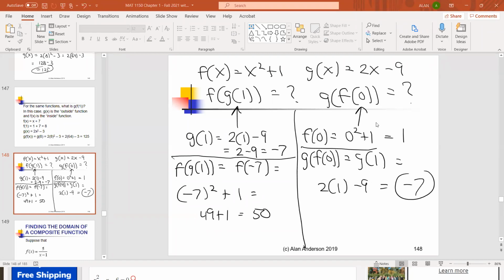All right, so what happened when you plugged in 1 for x? Let's do it together right now. g of 1 means 2 times 1 minus 9, because g of x is 2x minus 9. The 1 replaces the x, and you end up with -7.